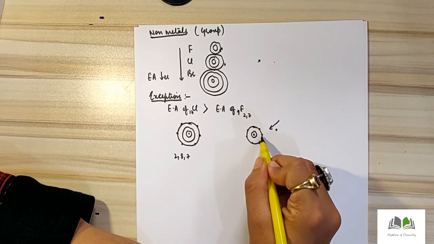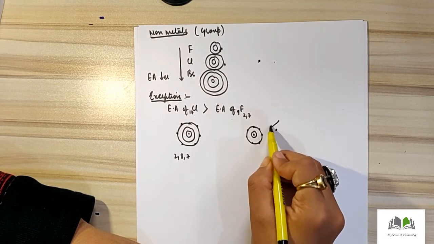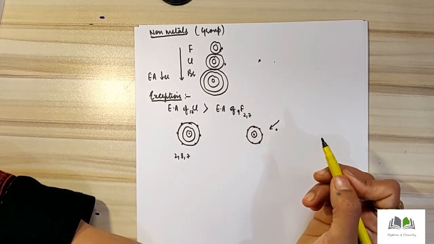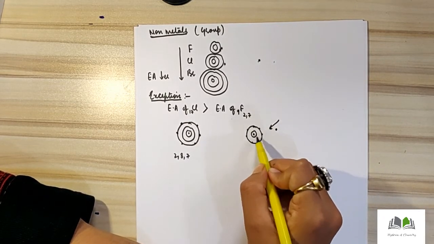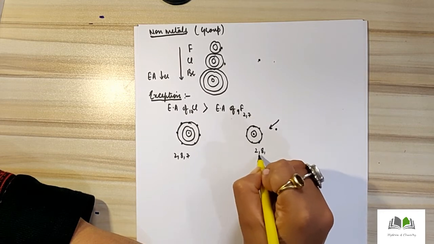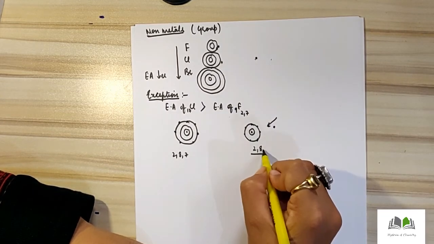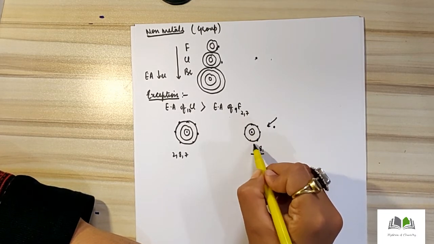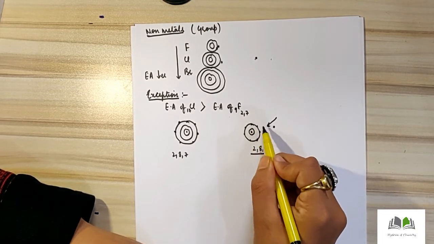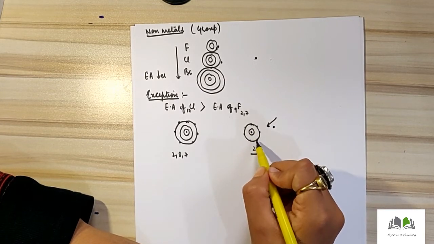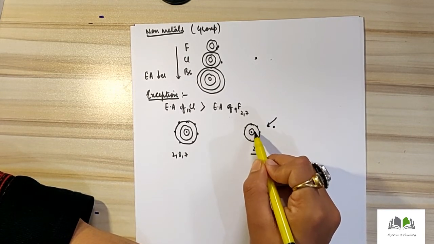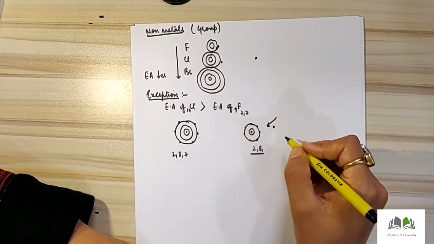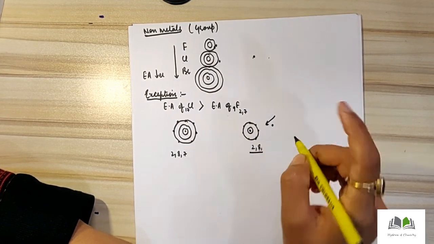The electrons, which were 7 in number, will become 8 in number after gaining the electron. By gaining an extra electron, it will acquire a stable electronic configuration because it will have 8 electrons in the outermost shell. Because of that, these 8 electrons start repelling each other. Due to these repulsion forces, the attractive forces of the nucleus will decrease, and because of that, the electron affinity value will also decrease. So this you have to remember.